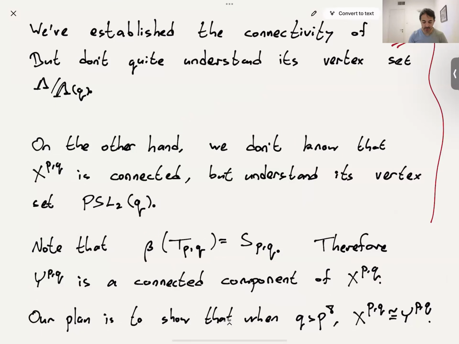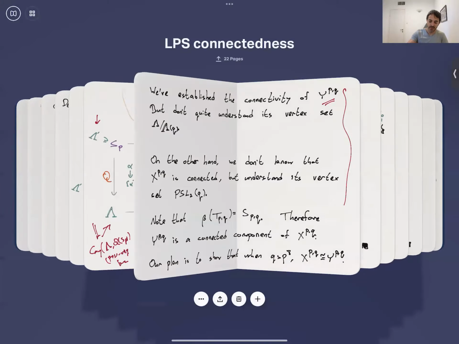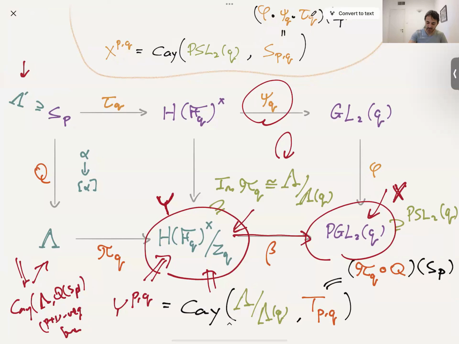Right, so that's what's written here. And just know that beta of TPQ is SPQ. So if I'm going back to this, at this point, horrible diagram, TPQ sits here. TPQ is just the image of SP under these two maps.